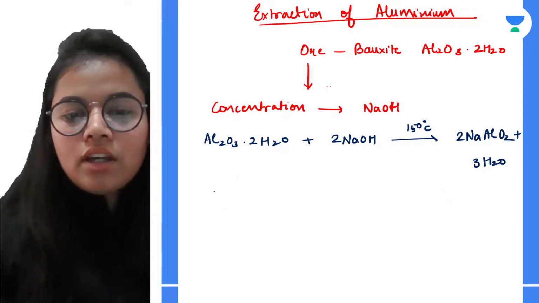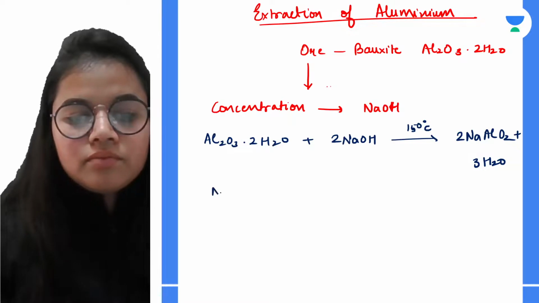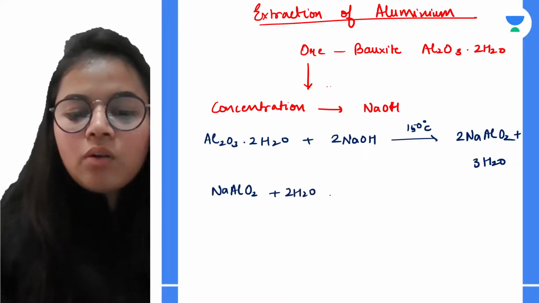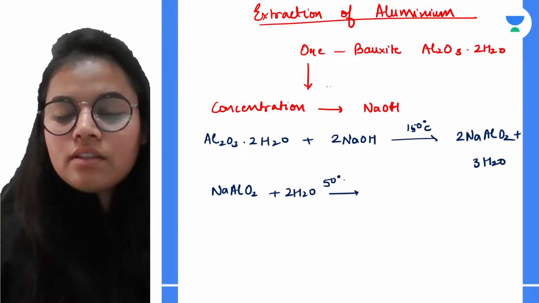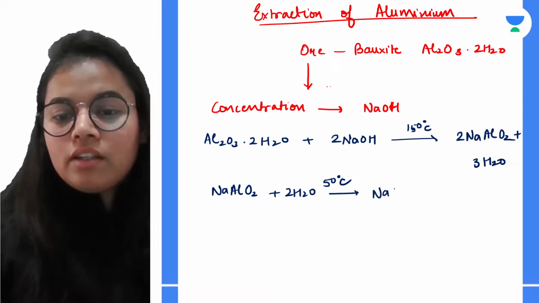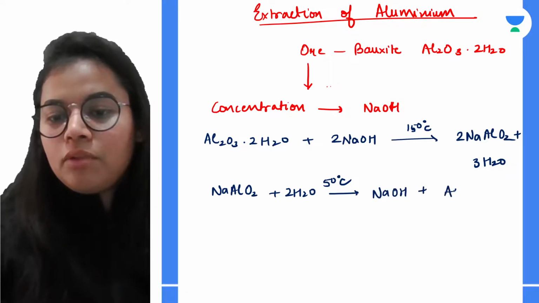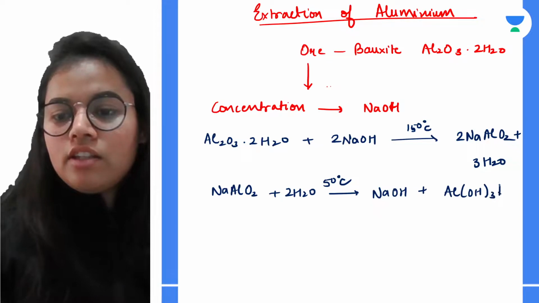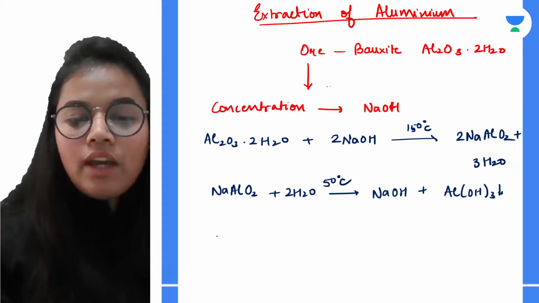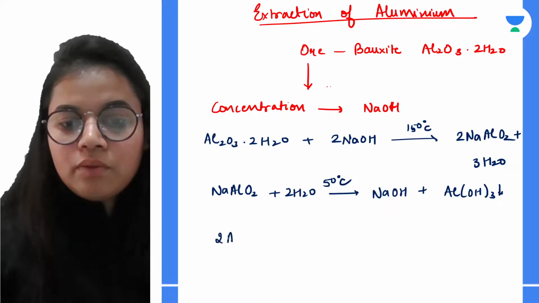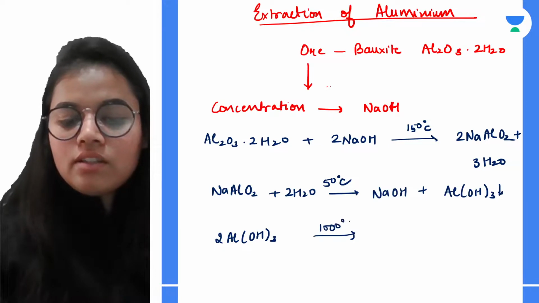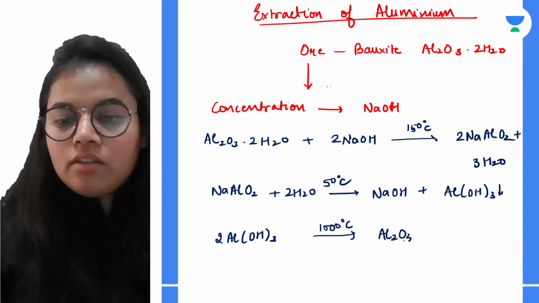Then this sodium metaluminate is dissolved again, and this is maintained at 50 degrees Celsius. So we get the precipitate of aluminium hydroxide. This precipitate is then dried, washed, filtered, and then ignited. When we ignite it at 1000 degrees Celsius, we get the alumina.